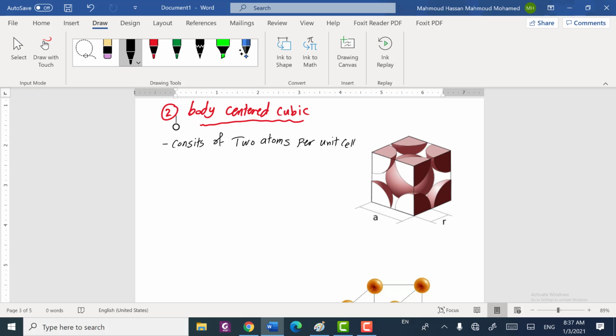So we have 1/8 times 8 corners: 1, 2, 3, 4, 5, 6, 7, 8. And we have the complete atom in the center. So it will be 1/8 times 8 represents 1, plus 1. So it will be 2 atoms per unit cell.